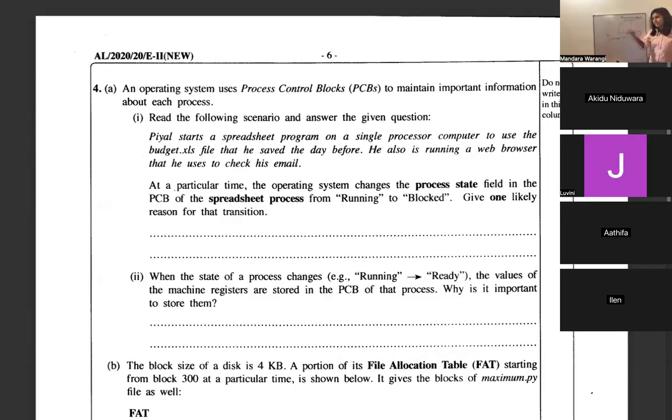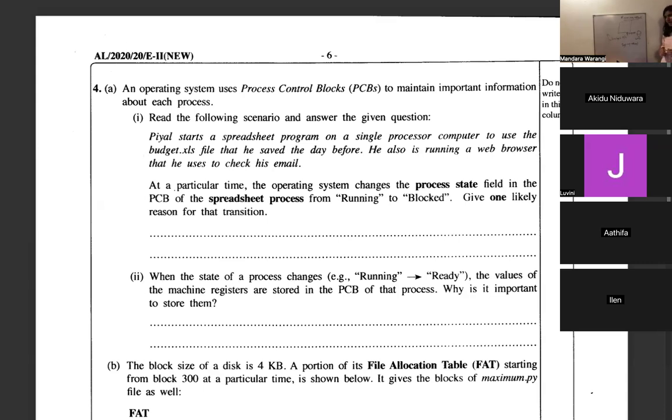When he is only reading, no process is happening in the OS. The user is only doing the process of reading. So it changed from the running state to the block state.